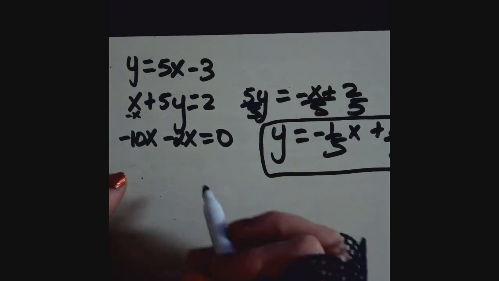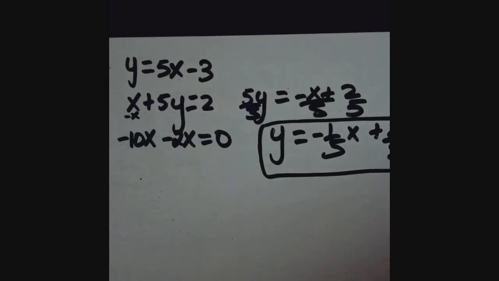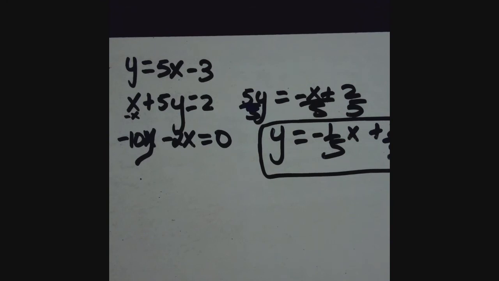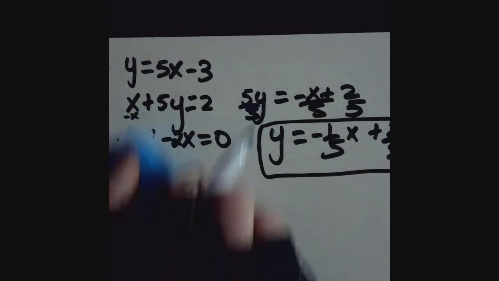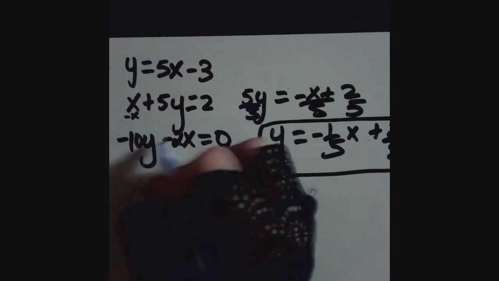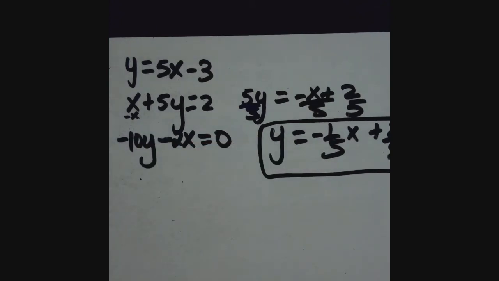And then this one has to be solved. Actually, hold on, let me look. I think I wrote this wrong. Example 2, -10y. Sorry, this is supposed to be a y. So let me go ahead and erase that. -10y minus 2x equals 0.